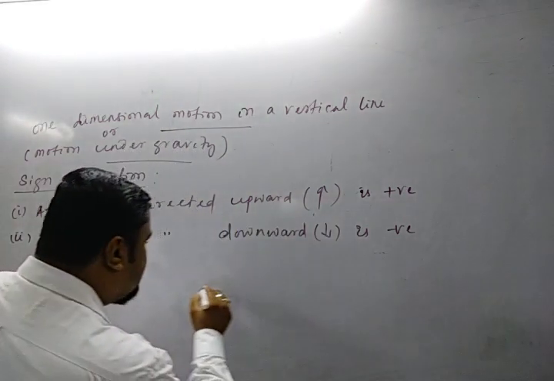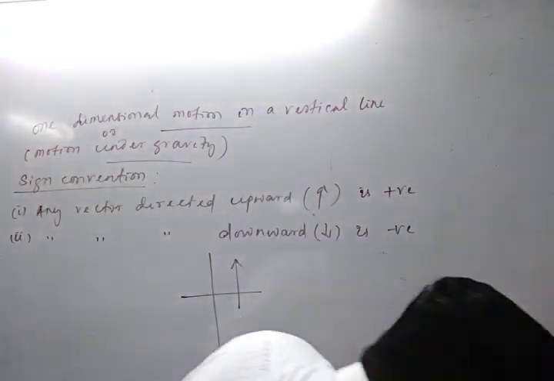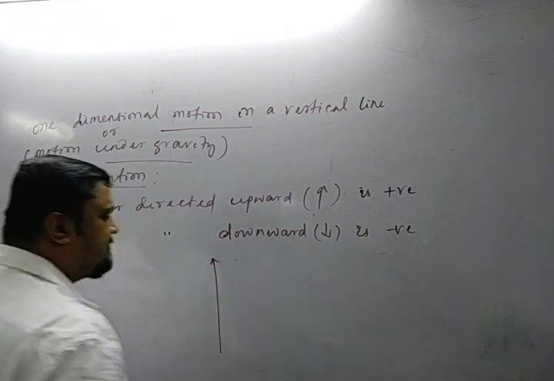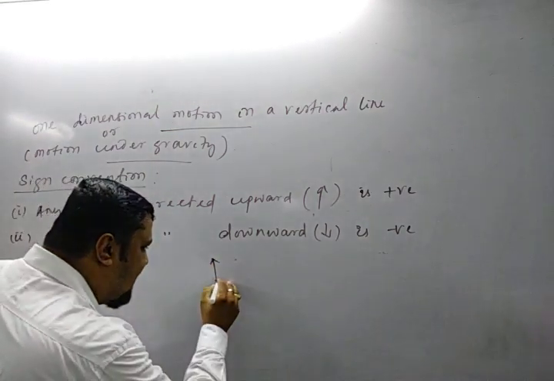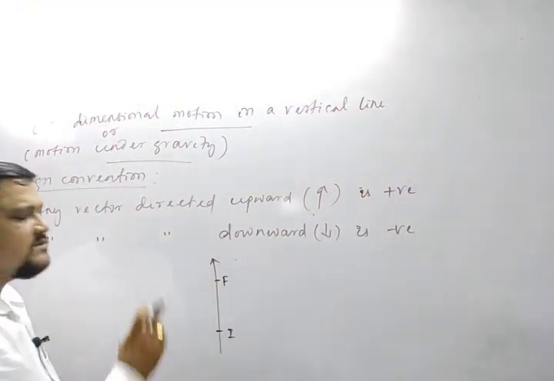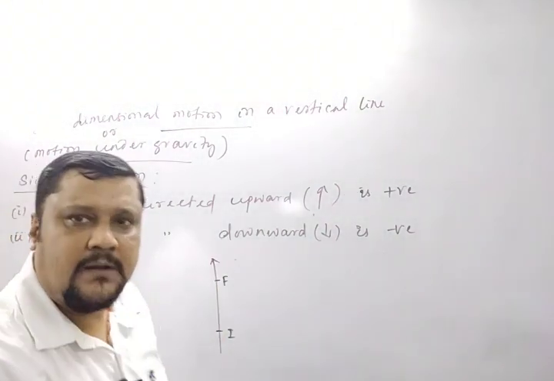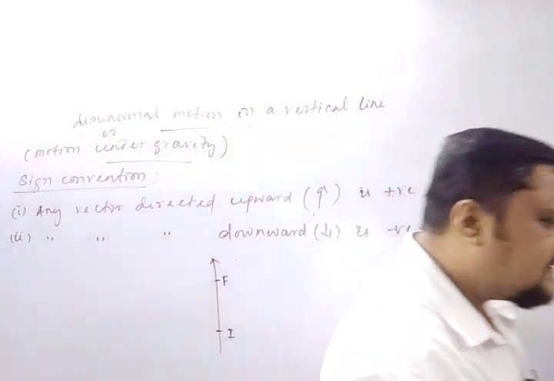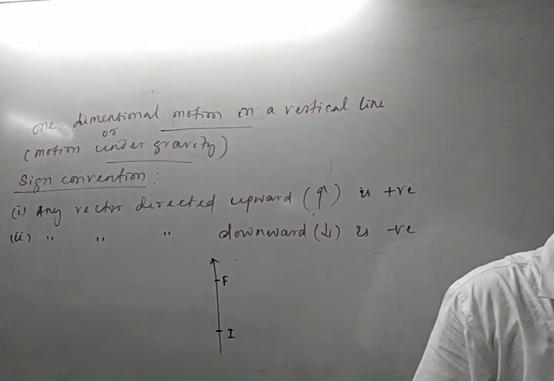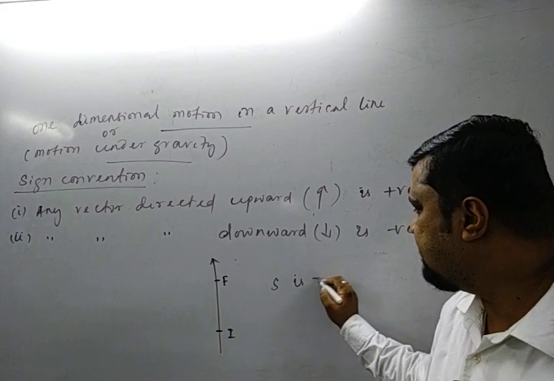Suppose the body is moving upward, this is the initial position and this is the final position. The body started from here and goes up. So the final position lies above the initial position, right? In that case, the displacement S is positive.